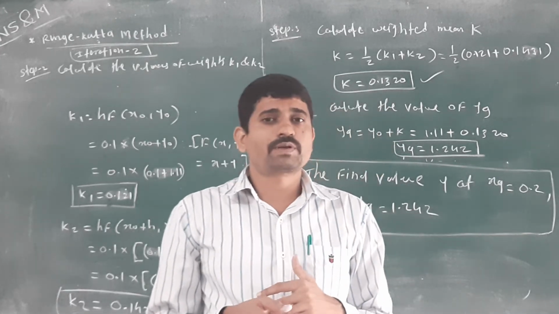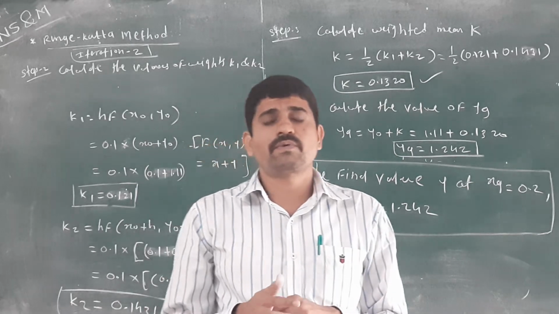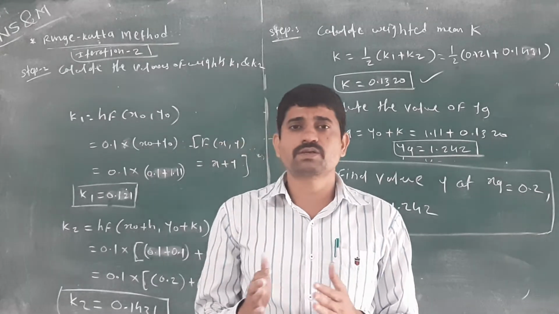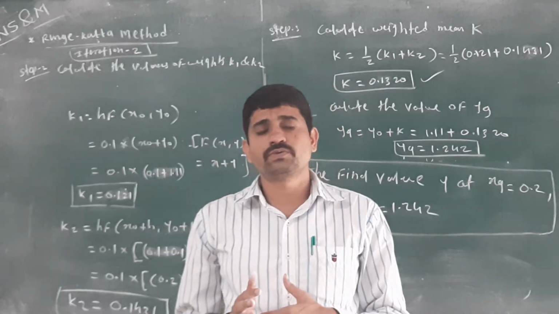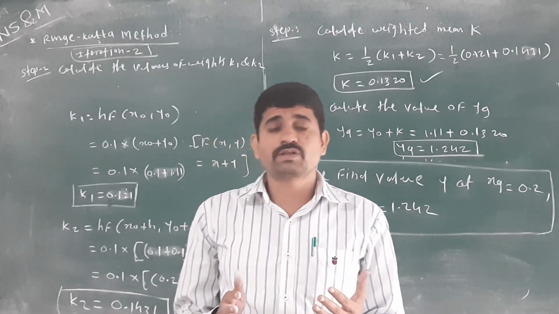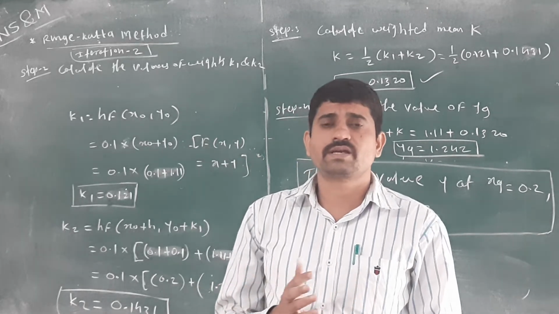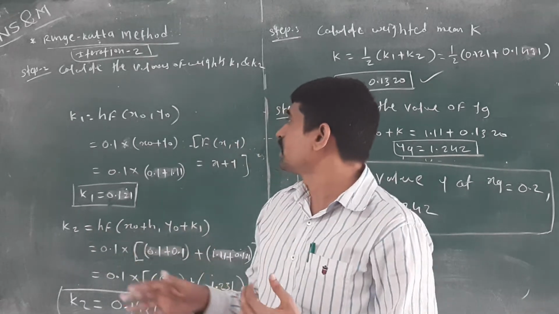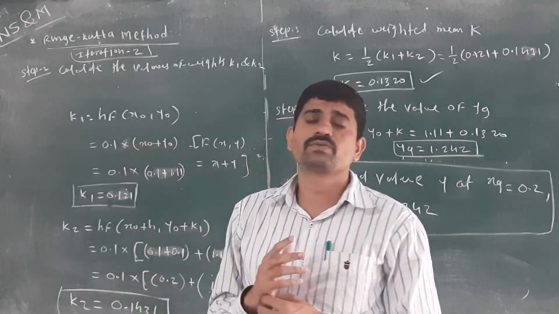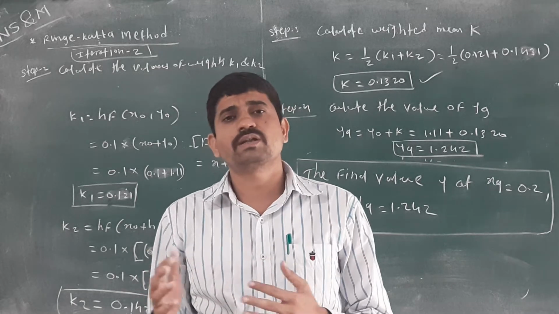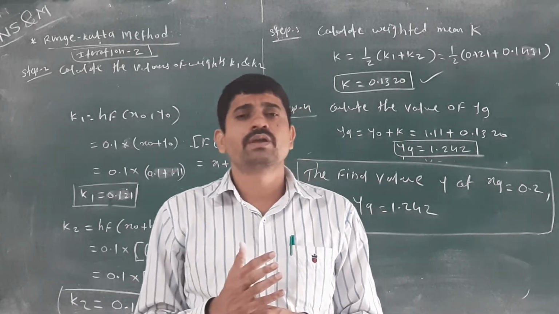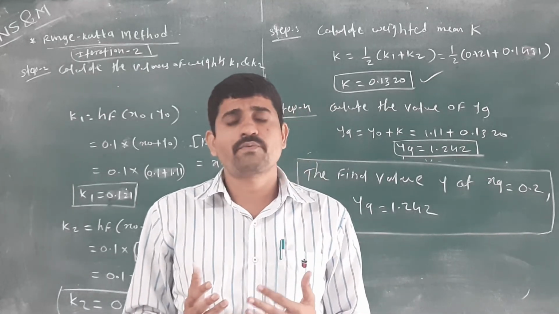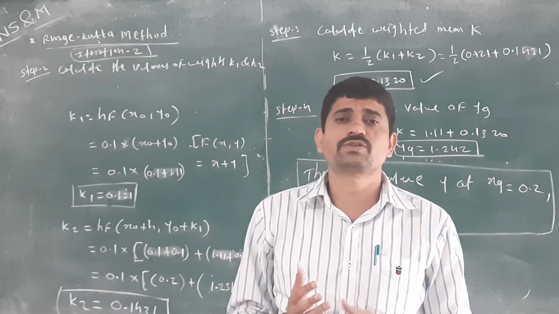Then after that you have to calculate the values of the weights K1 and K2. K1 is equal to h f of (x, y), the given function. You should convert x, y into x0, y0, and you will get the K1 value. And K2 is equal to h f of (x0 plus h, y0 plus k1).